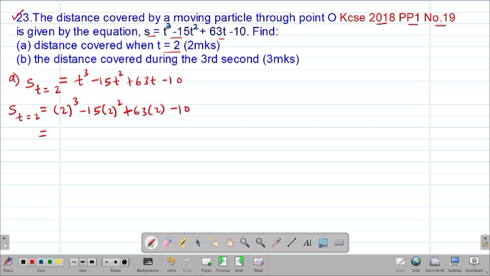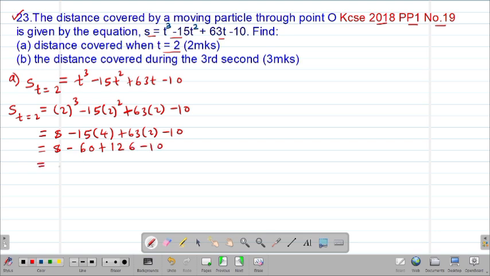So this will be equal to 2 cubed, of course that will be 8, then minus 15 into 2 squared, that is 4, then of course plus 63 into 2, then minus 10. So this will be equal to 8 minus, you take 15 multiplied by 4, that will give you 60, then 63 multiplied by 2, that will give us 126, then of course minus 10.